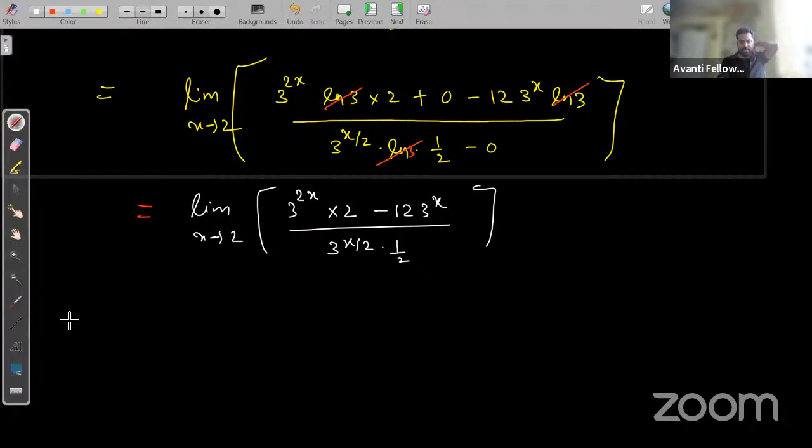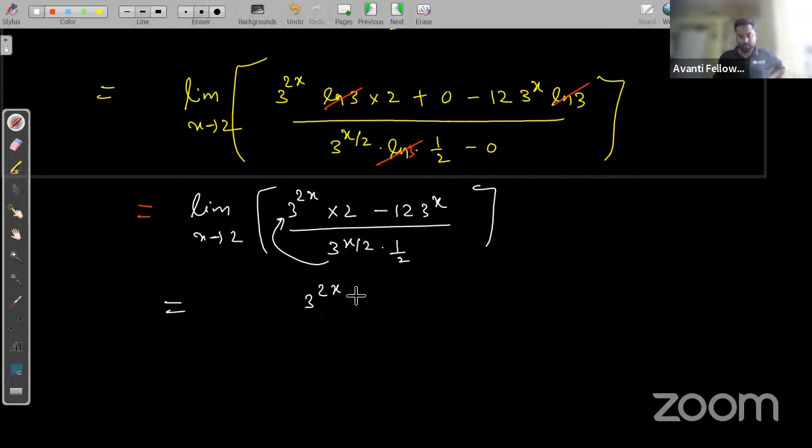Now, if you check till now, can we cancel? Can we take this as 3^(x/2) upon 2? Yeah. So this will be 3^(2x) into 2, and we take this to the numerator.